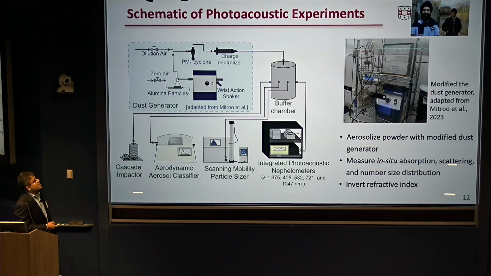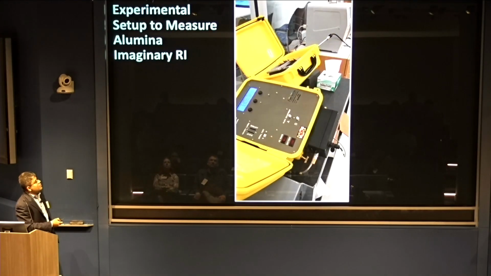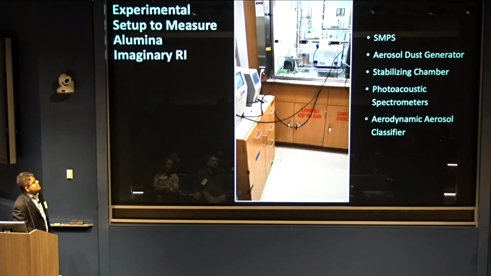This is the schematic of the photoacoustic experiments in the lab. You have a particle shaker, which is a version adapted off of Faye McNeil's group's dust generator by Dhruv Mitra, who was a previous student of Faye's, and you have this bunch of instruments along with the photoacoustic spectrometer connected. And this is the lab view.